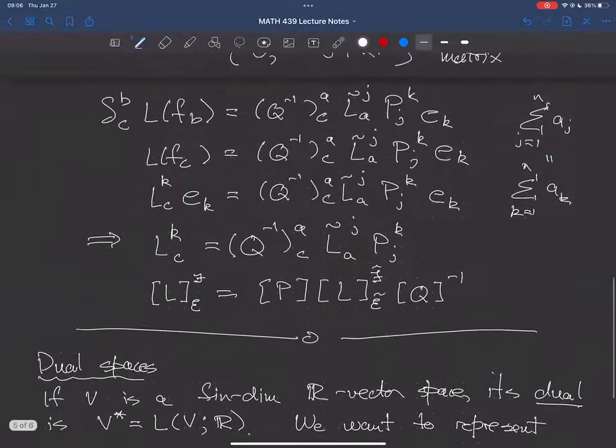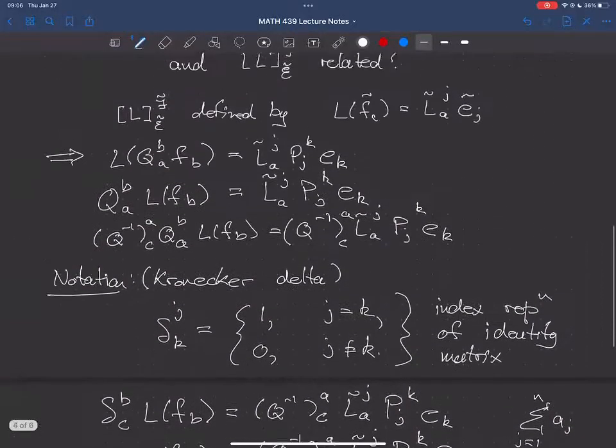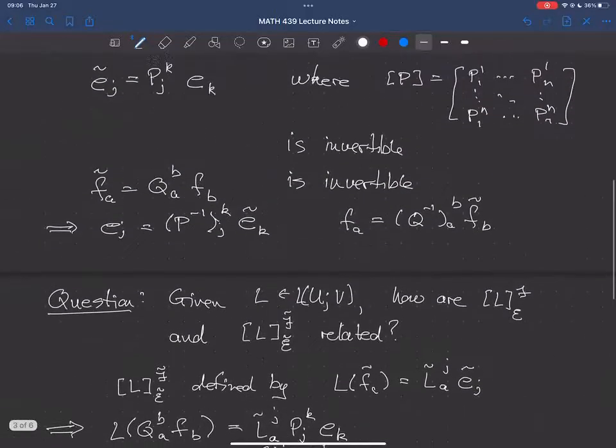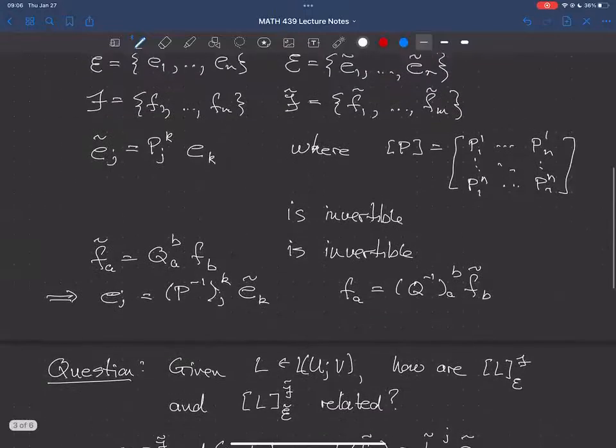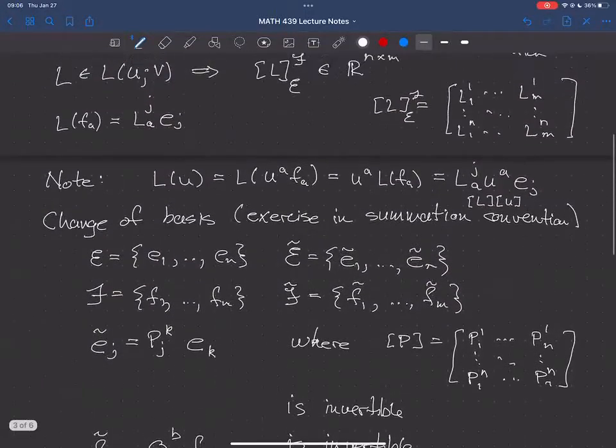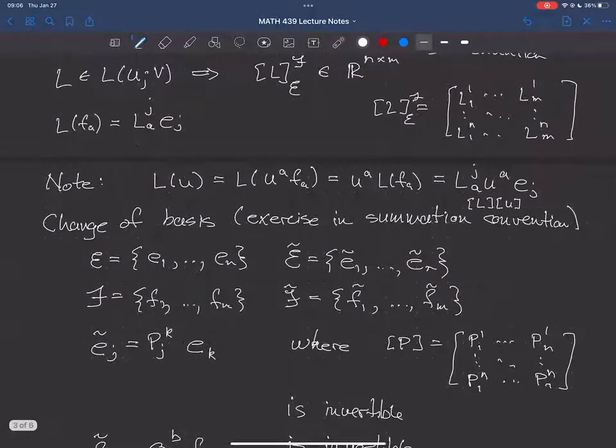I mean choose bases for everything in sight. When we talk about manifolds, that's going to be equivalent to choosing coordinates. We want to see, when we choose bases, what do things in V star look like? We know what linear maps look like: like this, or in component form like this. What about dual vectors?